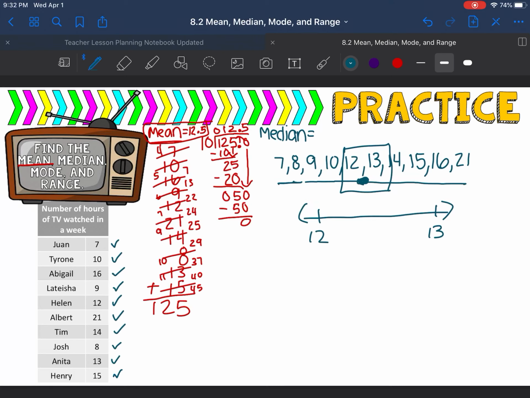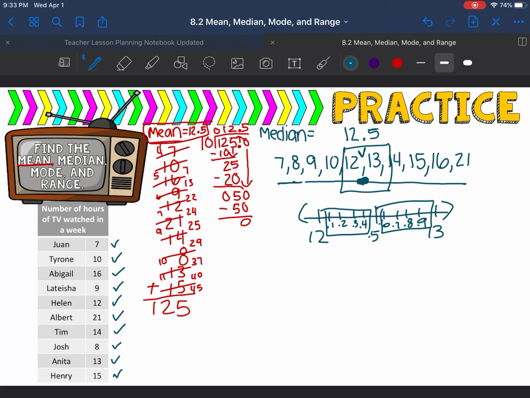So after 12 comes 12.1, 12.2, 12.3, 12.4, 12.5, 12.6, 12.7, 12.8, and then finally 12.9, and then we get to 13. So if I'm looking at this, I see that I have four numbers on this side and four numbers on this side. So in between 12 and 13 is 12.5.